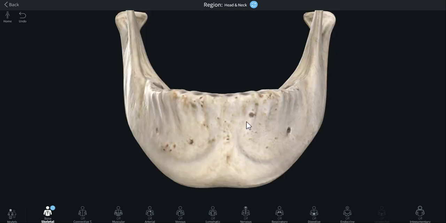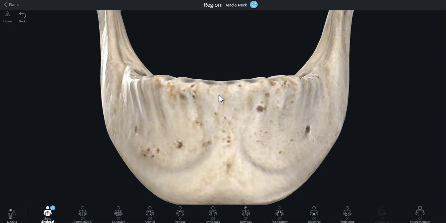Now look very closely. I know this is difficult because this is not the real bone itself, but a 3D rendering in an application, and you won't be able to feel it if you don't have the real bone. But still, a very faint midline structure here can be seen.